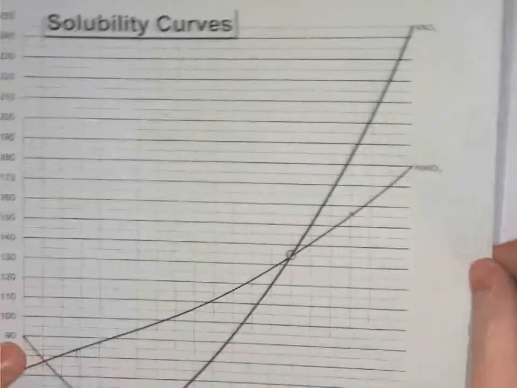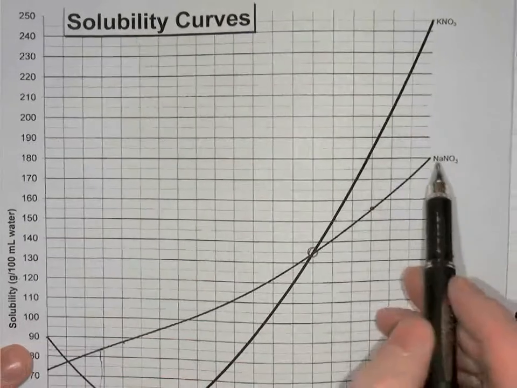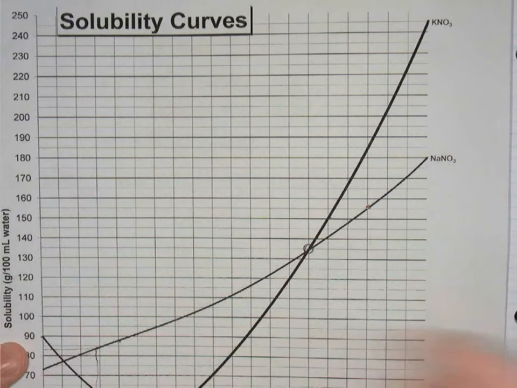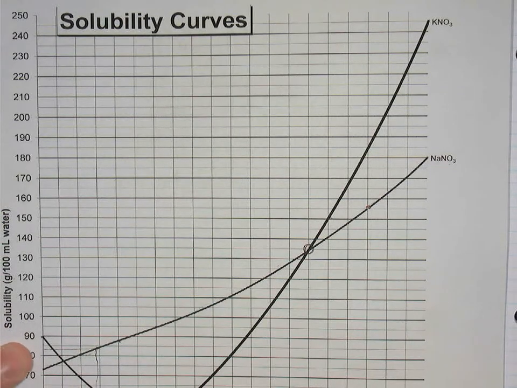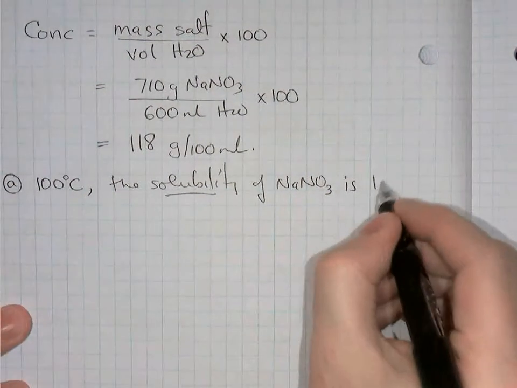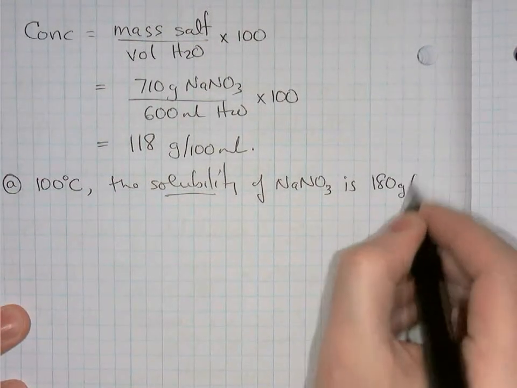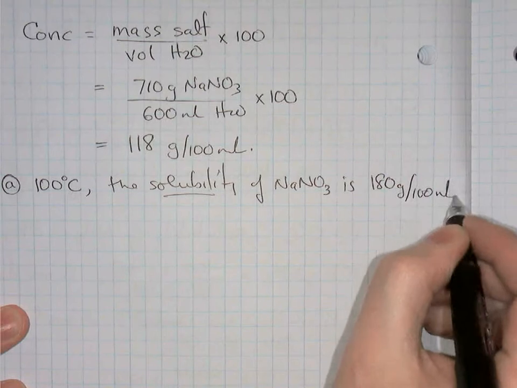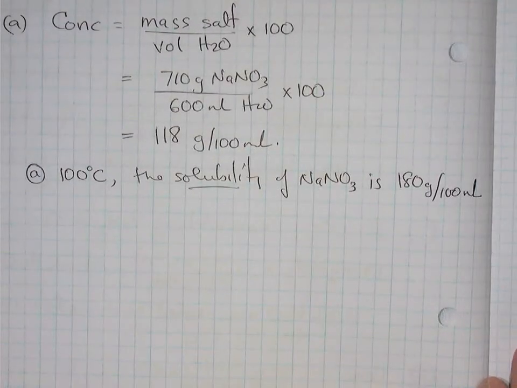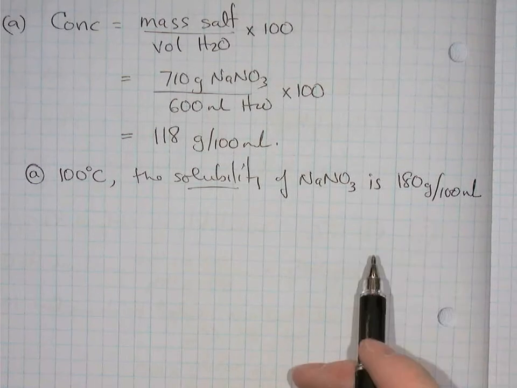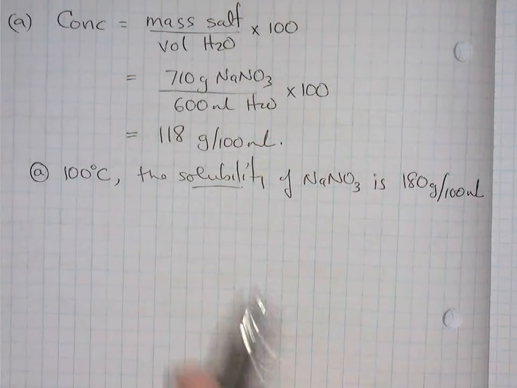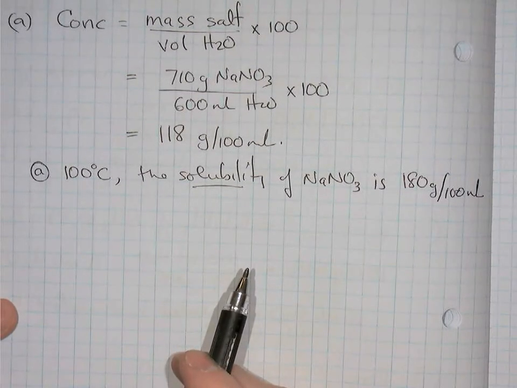So the question is, what is the solubility? So at 100 degrees, we are right around 180, or maybe a little bit higher, maybe 181. I'm going to say 180 grams per 100 mils. Remember, on a test, you'd be allowed to be plus or minus 1. So if I say 180 and you said 179 or even 181, that would be fine. You'd get full marks for that.